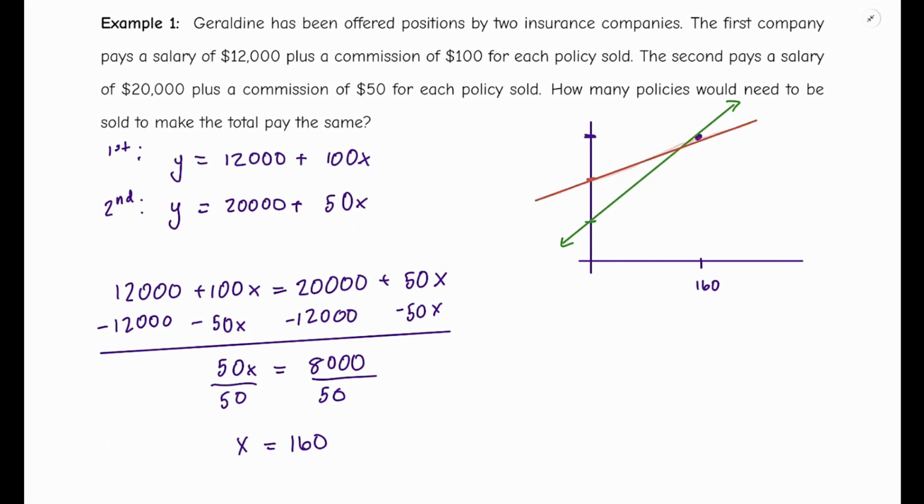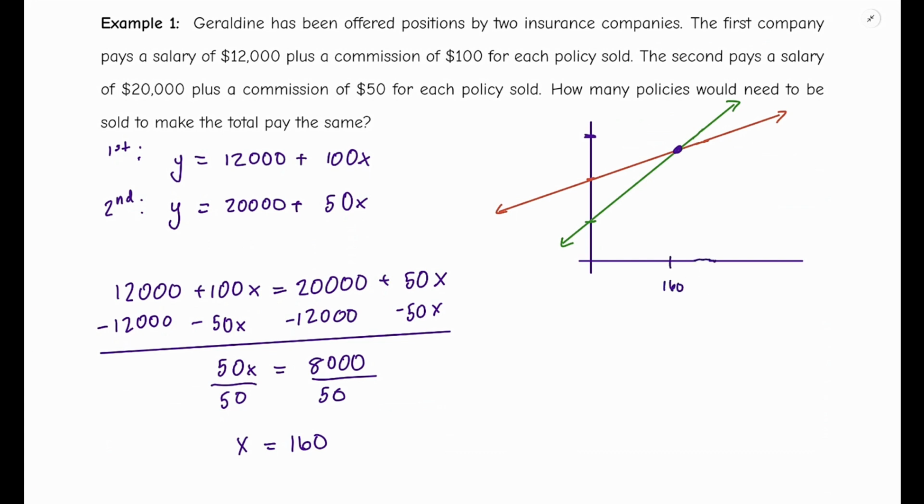So I'm doing a very rough sketch here. It's just going to be easier for me to change where the point is. So there's the intersection point at 160.